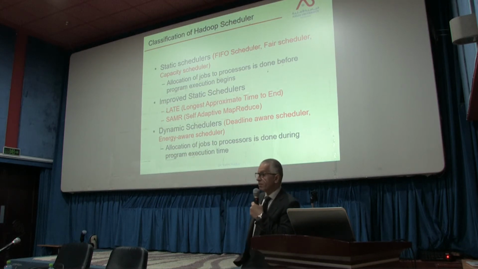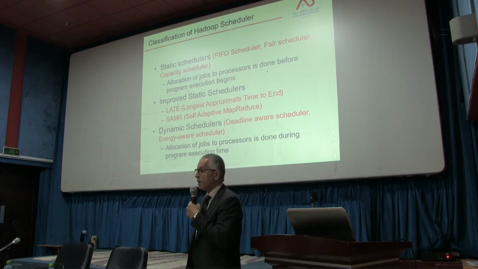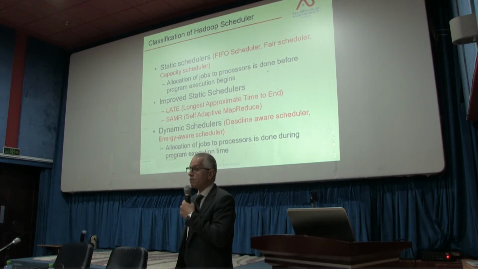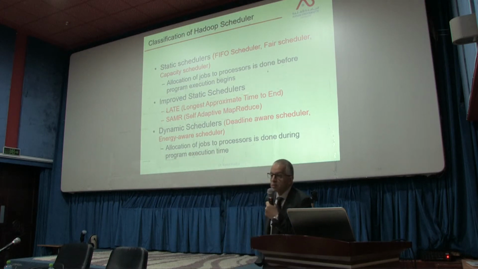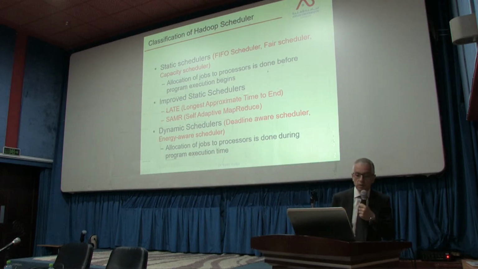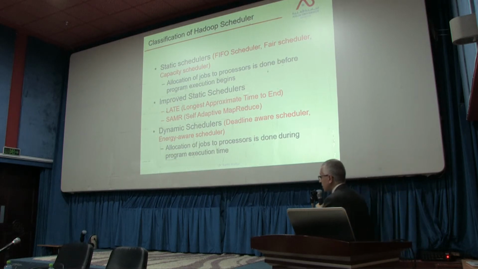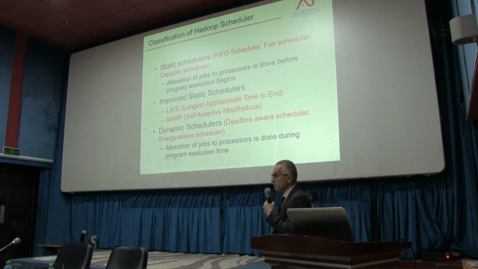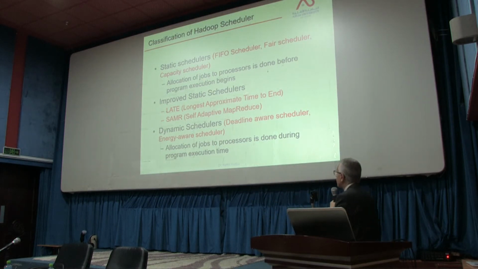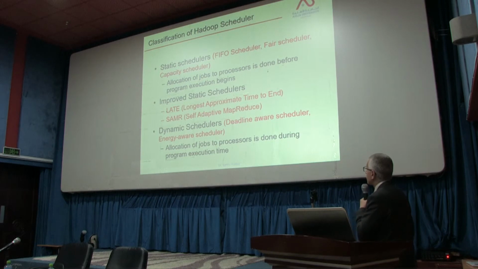But the main problem of this type of scheduler is that it does not know the status of every computer in the cluster. So it might assign the task to a computer that is already busy. So what happens at that time? Of course, it will be put in the FIFO, and it will lead to waiting. So you cannot obtain real-time performance and appropriate results.